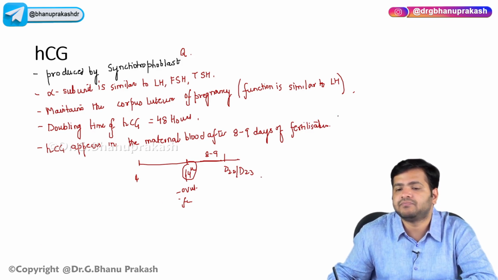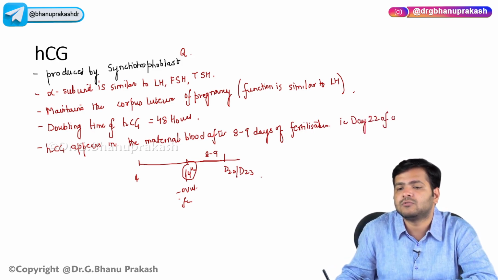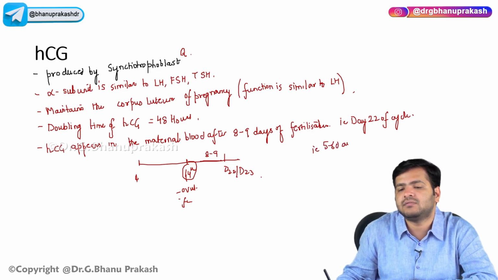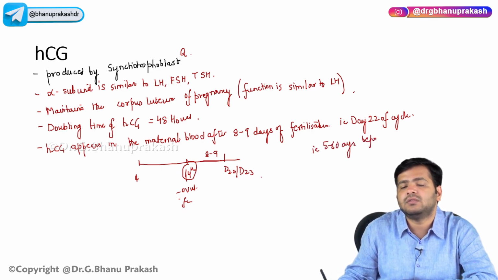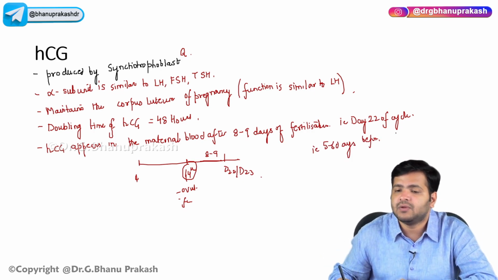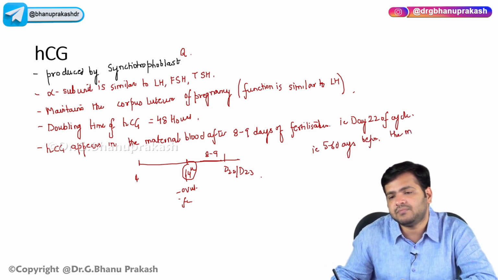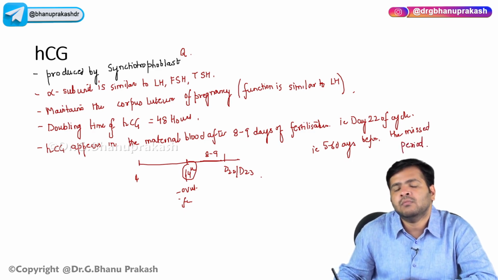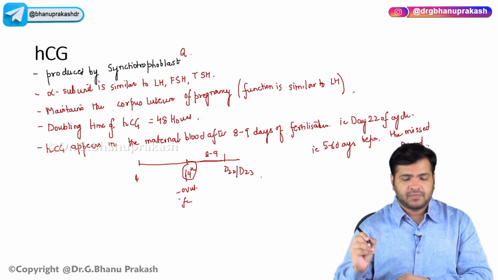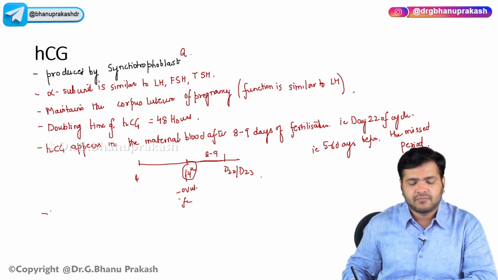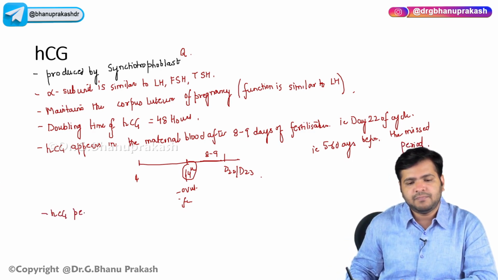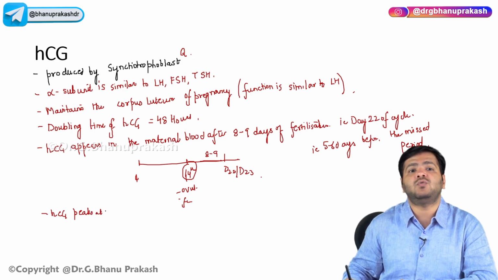So that is day 22 of the cycle, that is 5 to 6 days before the missed period. Remember, the HCG peaks at around 9 to 10 weeks.